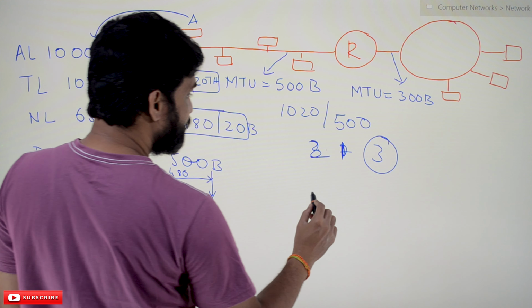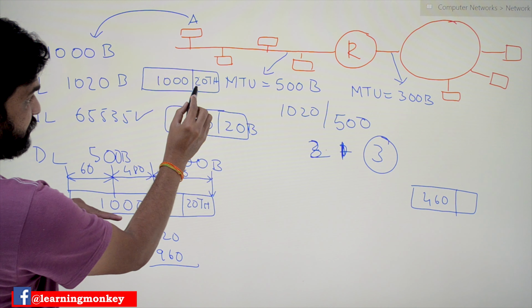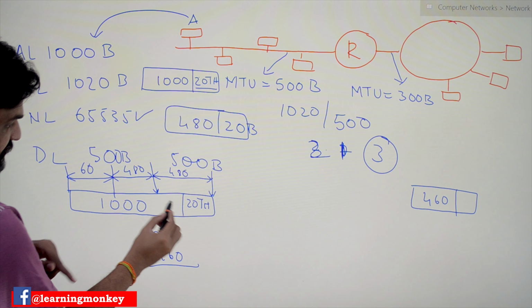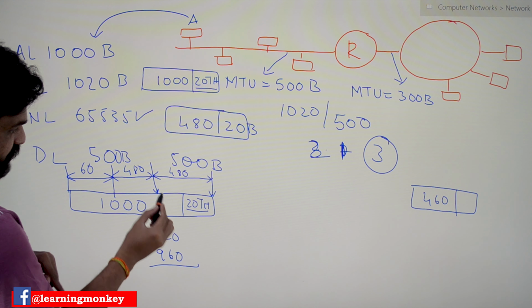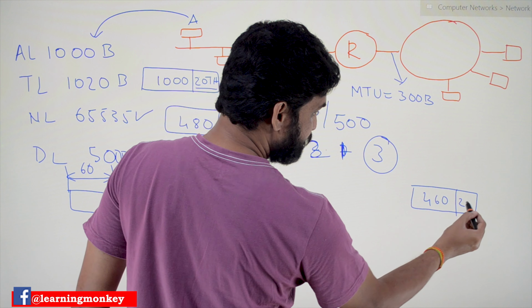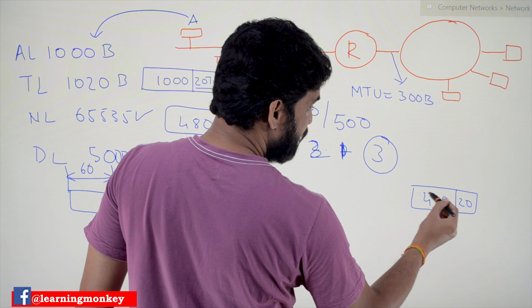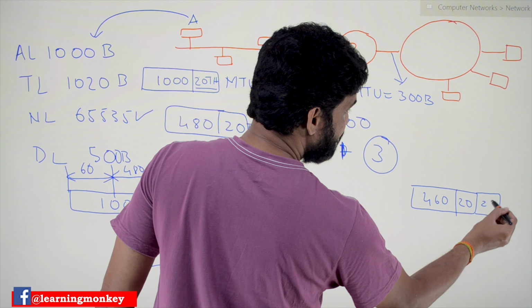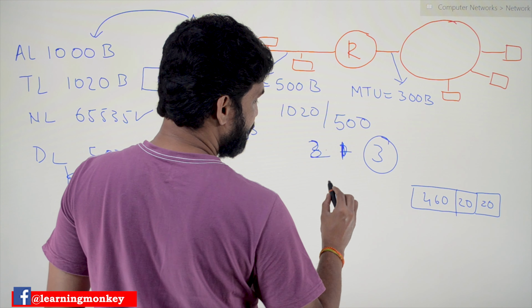The first piece is 480 bytes of data. Because it is the first piece, the 20 bytes of transport header is included in the first piece. So the remaining 460 bytes is the data, and this is transferred to the network layer. To this, a 20 byte network layer header will get added.